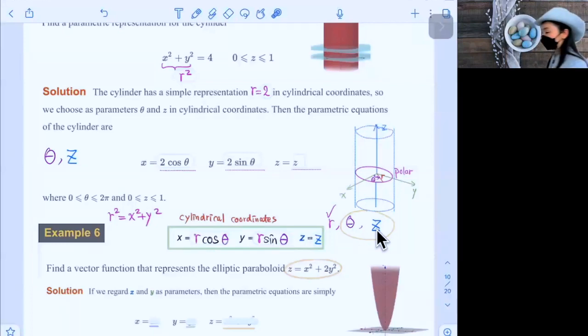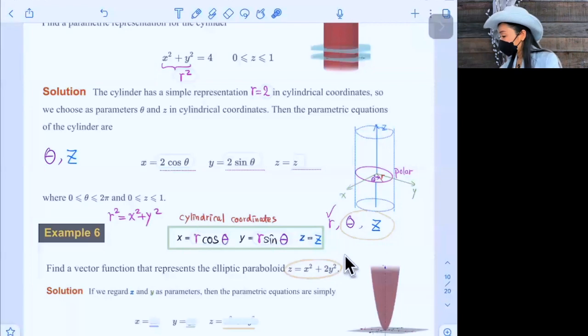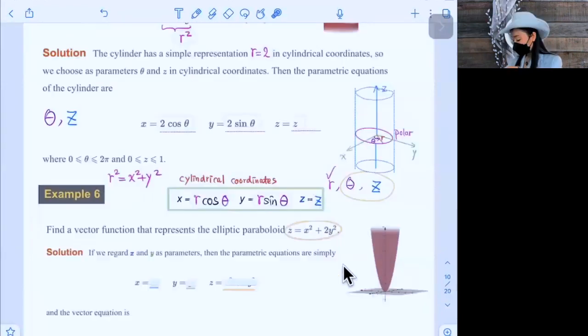And those are the three parametric equations right here. x is a function of theta and z, y is a function of theta and z, and z is a function of theta and z. So x, y, z are represented as functions of theta and z. Those are the parametric equations.